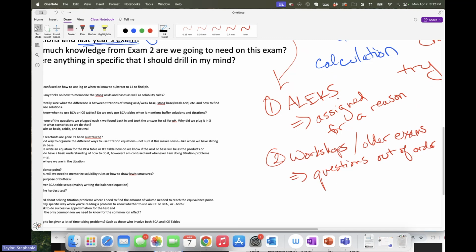When you're looking at end of chapter questions, they're broken down by chapter, and a lot of times by topic as well, because it'll say things like section 17.6, and here are some questions over that information. Workshops are usually where things get shuffled a little bit, and also sometimes older exams.